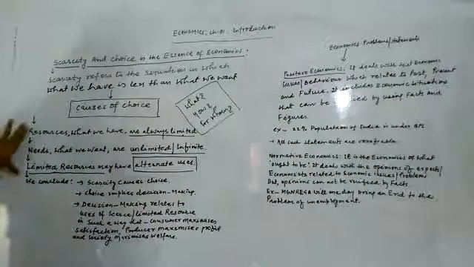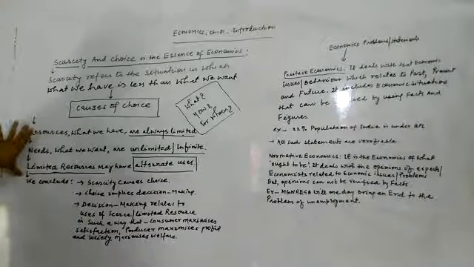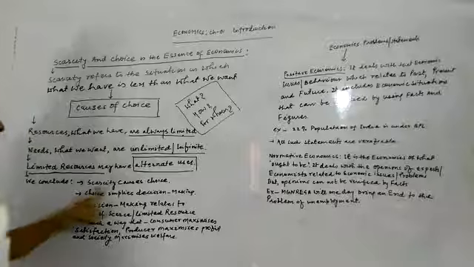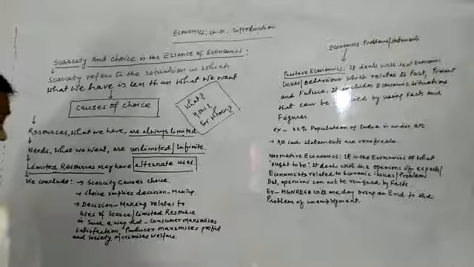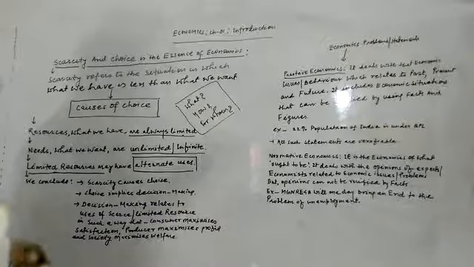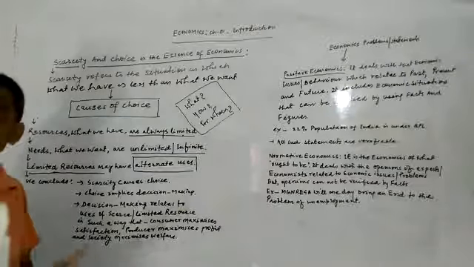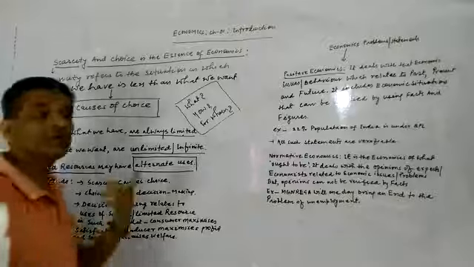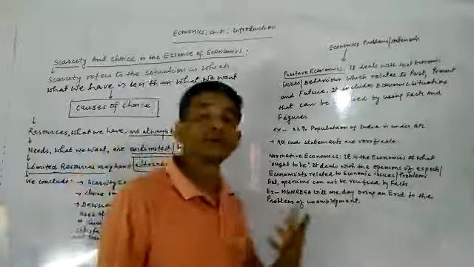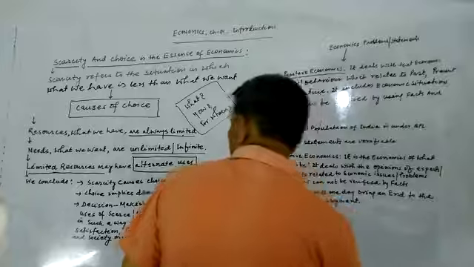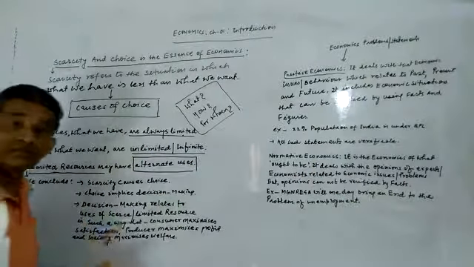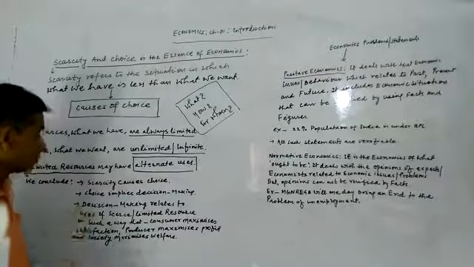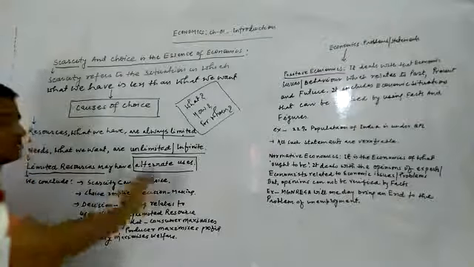what is the immediate conclusion of these facts? Scarcity causes choice. You all know, just now I explained. And whenever we have to make choices, what we do? Decision making. This is the most important part of this subject. Whenever we are in scarcity, and we are always in scarcity, so what we do? We take decisions.